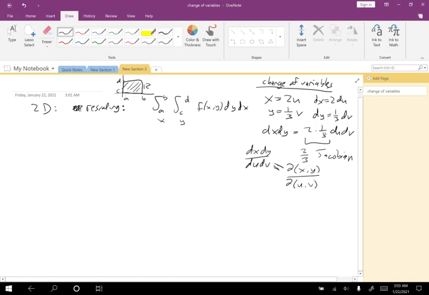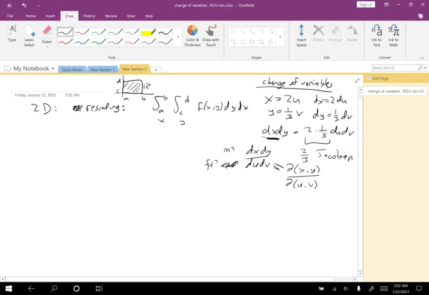So, for example, if x and y are meters squared and u and v are, I don't know, centimeters squared, then the Jacobian would have units of the quotient of these two units. The important thing is that it has meters on top. Maybe I shouldn't have used centimeters, maybe feet squared. What I'm trying to say is you need to put the x's on top for the Jacobian because the left-hand side has x's.